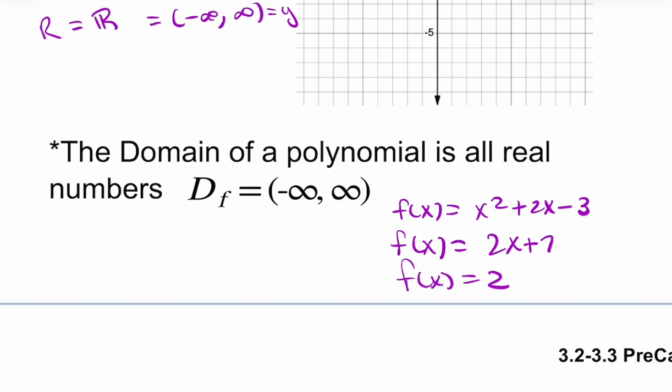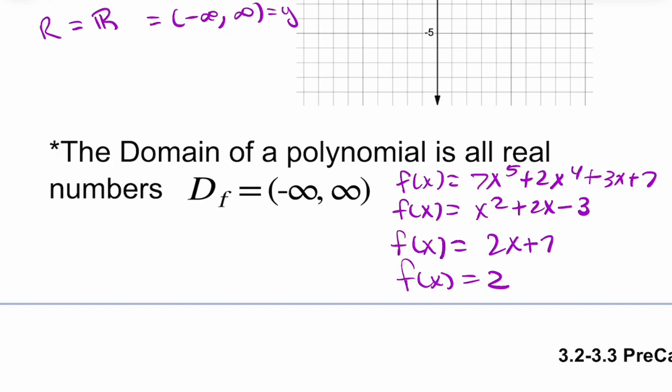There's nothing that I am prevented from plugging in. I can plug in whatever I want. Remember, domain is what are the inputs. And you can have something like 7x to the 5th plus 2x to the 4th plus 3x plus 7. Those are all polynomials. And as we go through this chapter, and I think maybe into chapter 4, we are going to discuss more of the qualities that a polynomial has.